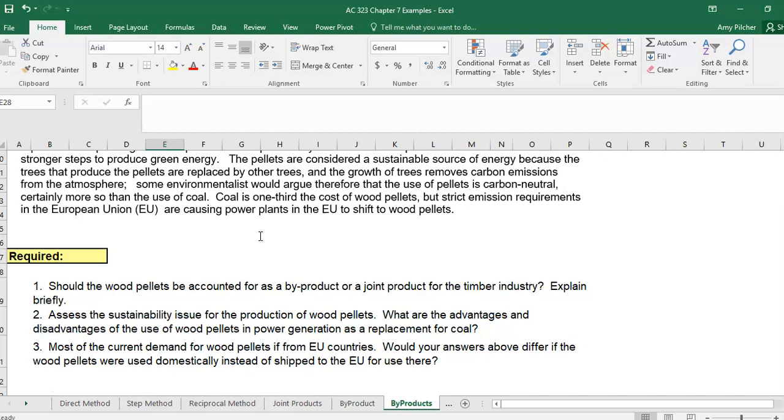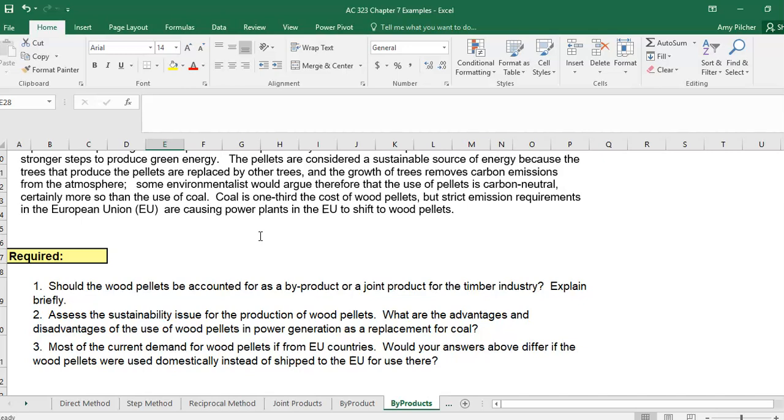However, there's arguments that burning wood creates more air pollution than burning coal. So which one is a bigger problem? Well, unfortunately, this is not the most easily answered thing.